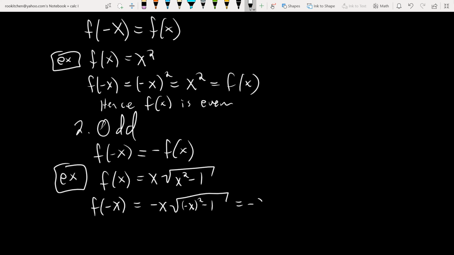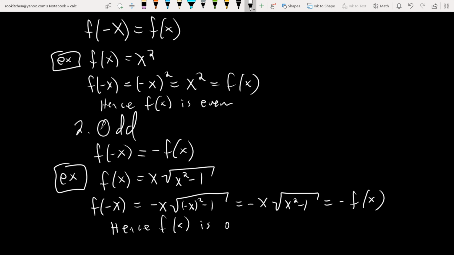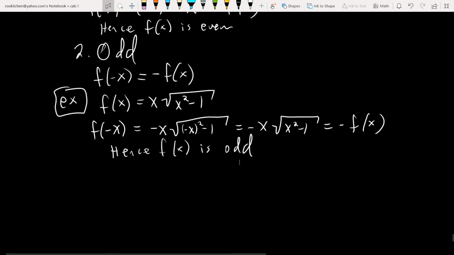Which is equal to -x times the square root of x squared minus 1, which of course is just negative f of x. Okay? In other words, this thing is odd.